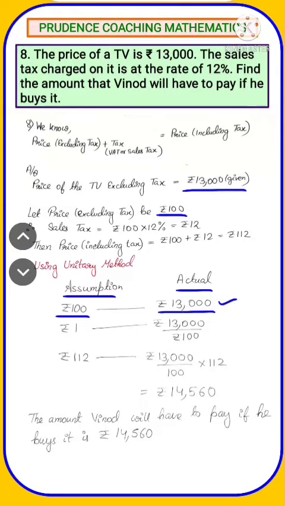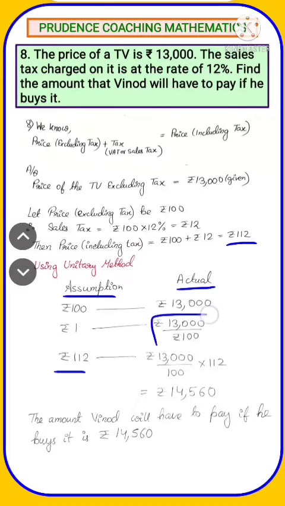Now if we want to find out the value of 1 unit, that is rupees 1, it will be rupees 13,000 divided by 100. You'll get the value of 1 because the value of 100 is 13,000. So the value of 1 will be 13,000 divided by 100. Now we need to find out the value of the price including tax, that is rupees 112 according to our assumption.